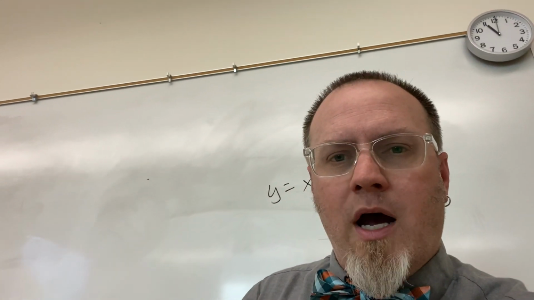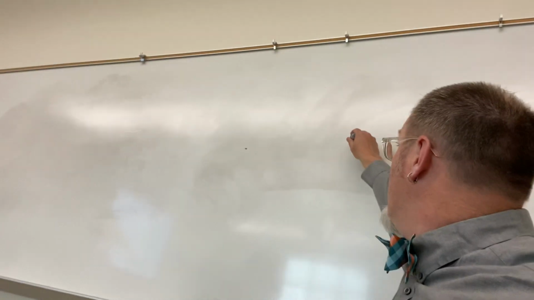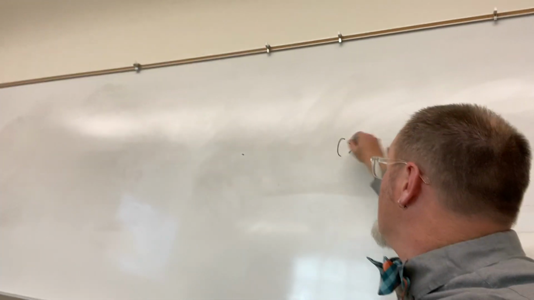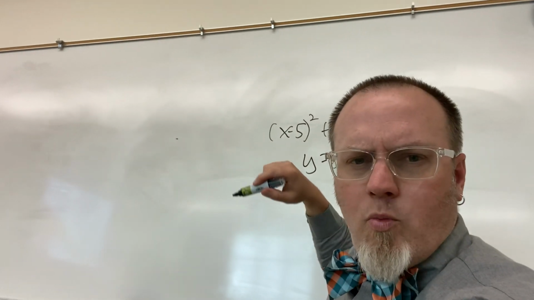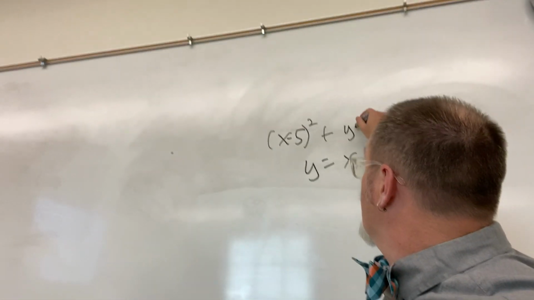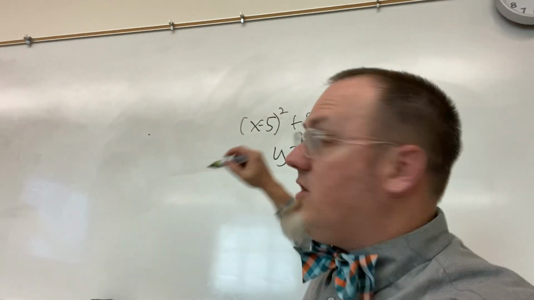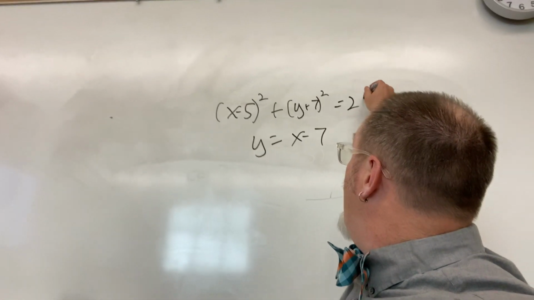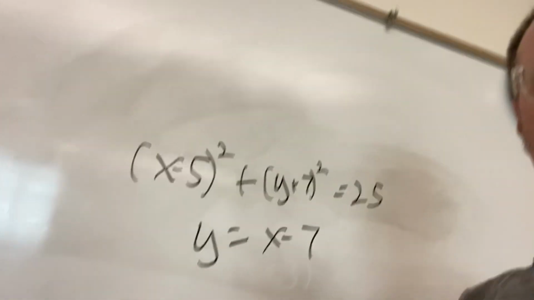And then my equation of my circle is x minus 5 squared plus y plus 7 squared is equal to 25. So we have to look at kind of what information we have here.